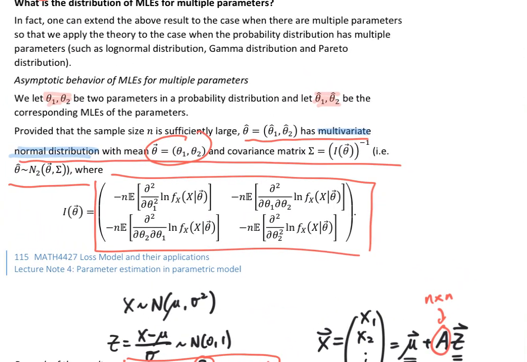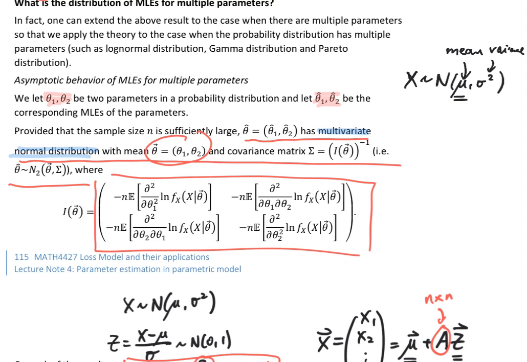First of all, just like the normal distribution, it will have some parameters. Remember for the normal distribution you have 2 parameters: one is the mean, another one is the variance.